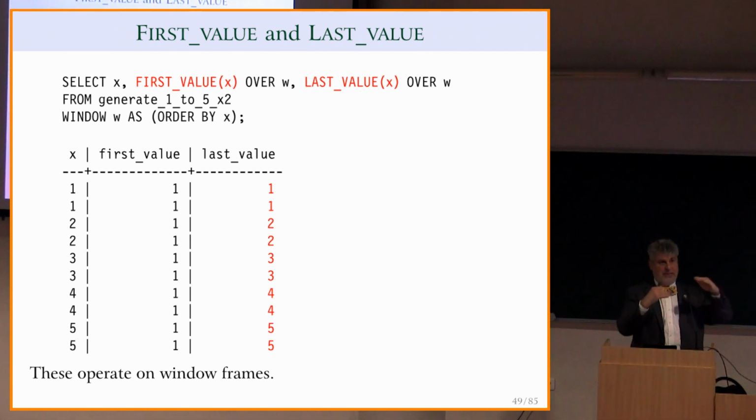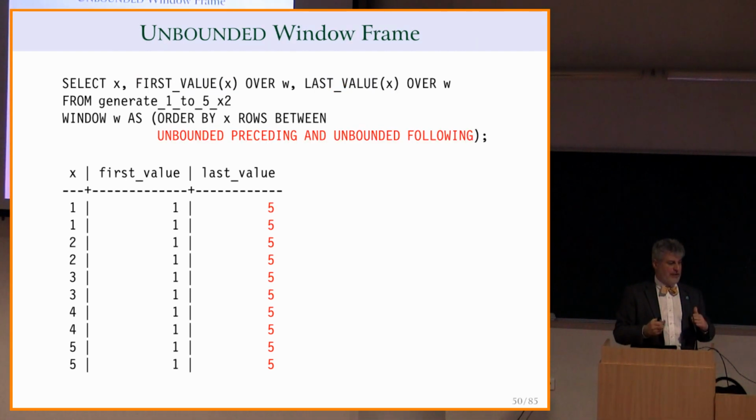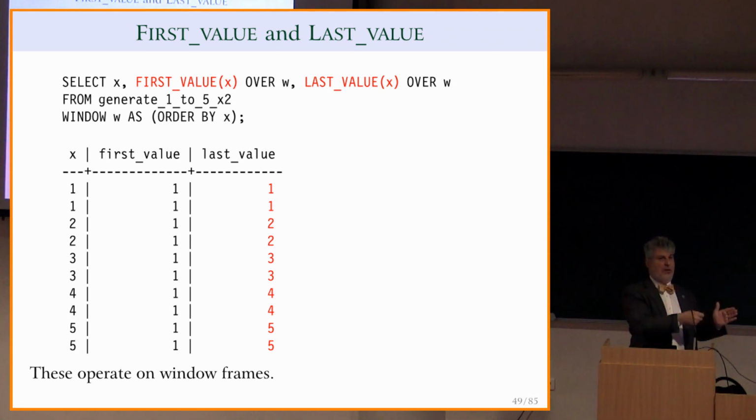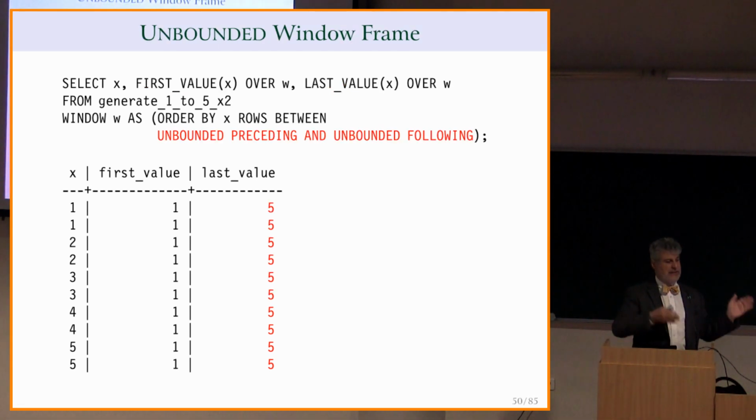That's my default frame. So I can't ask for the last value in the partition because my frame is smaller than the partition. If I change my frame from the default to unbounded preceding to unbounded following, now my last value literally is the last value in the partition because I open my window frame up.